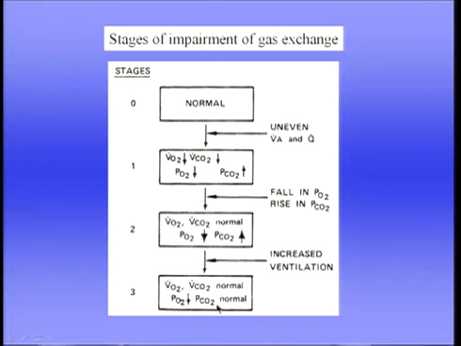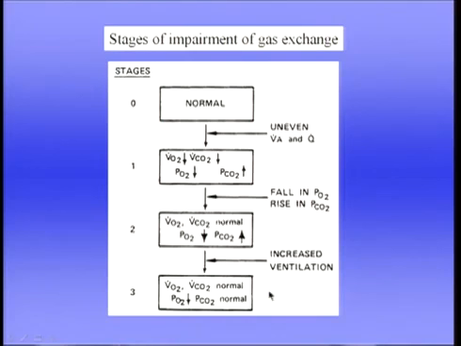Incidentally, that situation has led many people to argue that ventilation perfusion inequality does not affect CO2 transfer, but that's a serious misconception. It does interfere with CO2 transfer, but you can bring the PCO2 back to the normal value by increasing the amount of ventilation going to the alveoli.